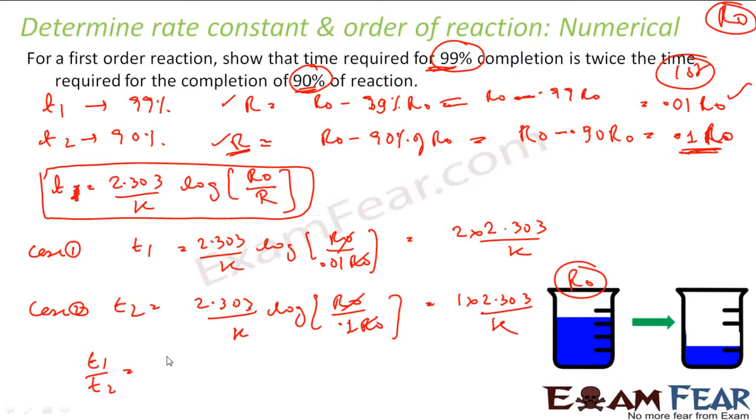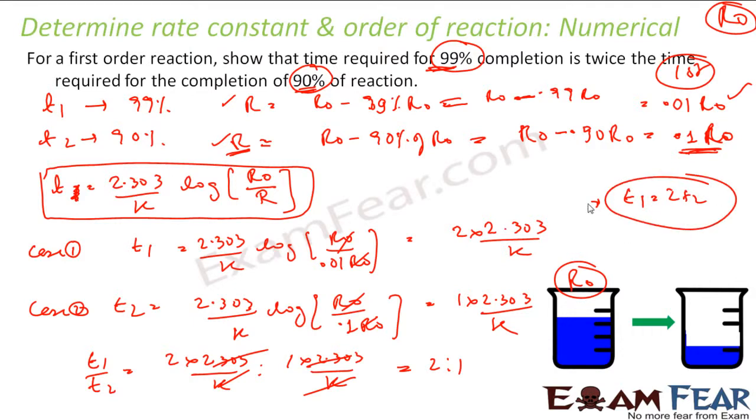T1 by T2 is nothing but 2 into 2.303 by K divided by 1 into 2.303 by K. K cancels, this cancels, this becomes 2 by 1. So T1 by T2 is 2 by 1, or I can say that T1 is equal to 2 T2. That means the first reaction takes twice the time of the second reaction. Correct?